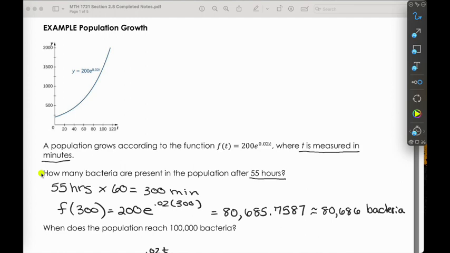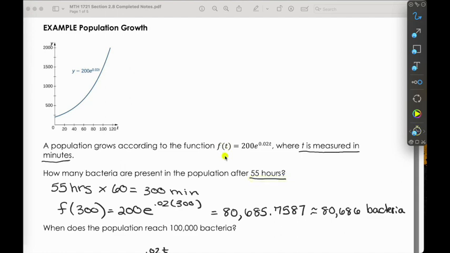Okay, so here's an example of why we have to be careful. This first part of the question says, how many bacteria are present in the population after 55 hours? So this function here tells me what I have after t hours or t minutes or whatever. In this case, we're talking about minutes. This is asking about 55 hours, and I can't plug in hours for t because t represents minutes.